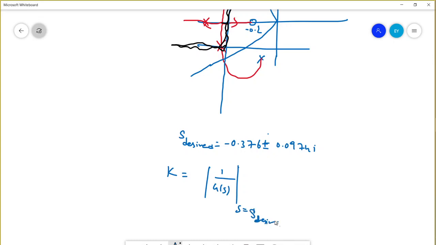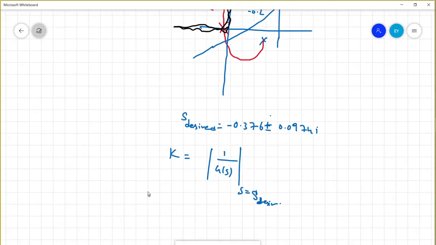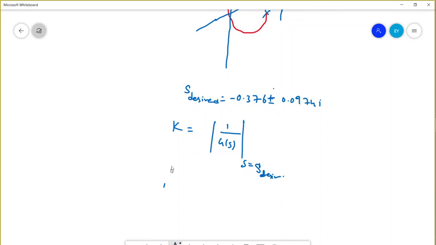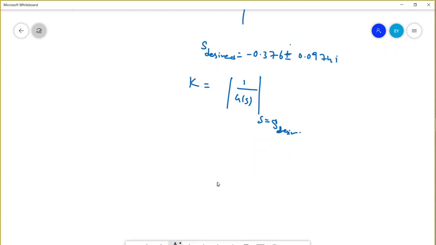Substitute that s term here. You have to take the inverse of g of s.